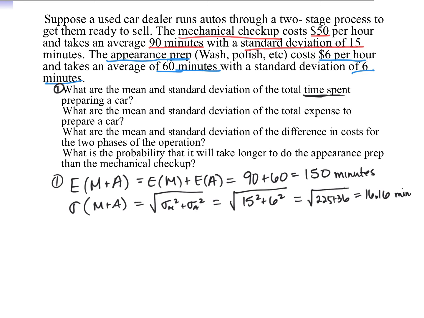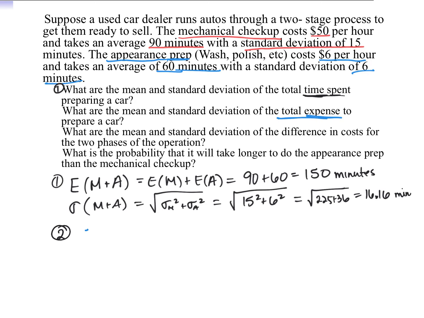Now for 2, what are the mean and standard deviation for the total expense to prepare the car? So we need to convert our mean from the time it takes to the amount it costs them. So it's $50 an hour to do the mechanical checkup.